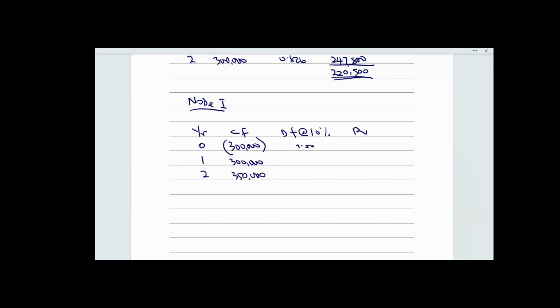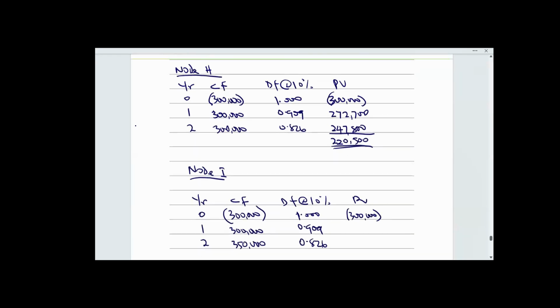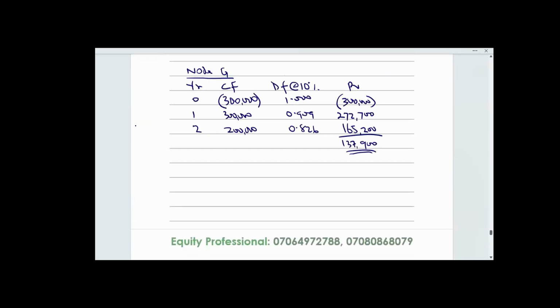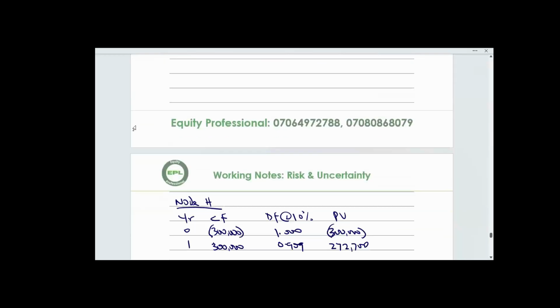Here is 1.909, 0.826, 300,000. So that's 272,700. Yeah, 272,700.